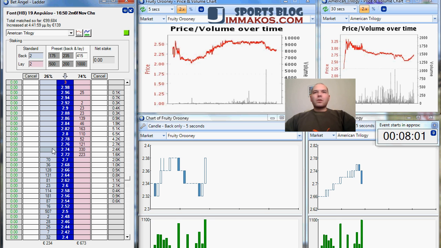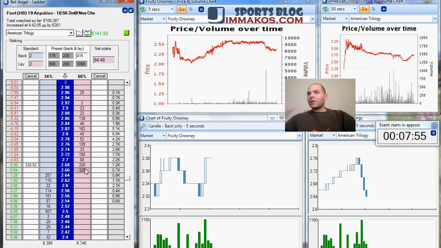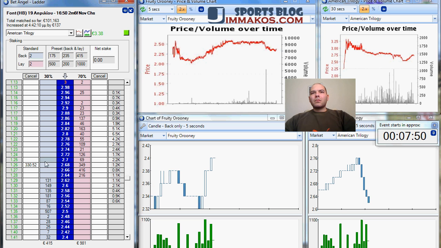I'm going to trade the second horse, having verified it with a candlestick formation. I didn't get to match all the amount since the liquidity is pretty much low.